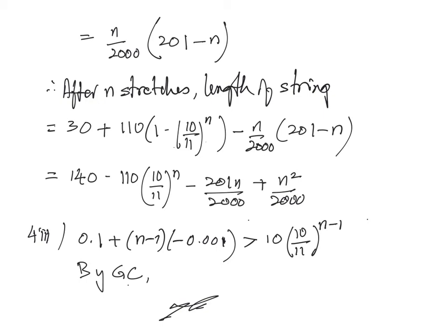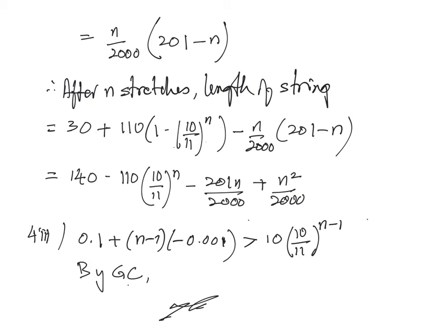It's very difficult to solve without GC. But with GC, it's very simple. Go to your table and get this. You can call this y1, call this y2. Then your y1 must be bigger than y2. So from GC, y1 will be bigger than y2 when n equals 59. So your least number is 59.